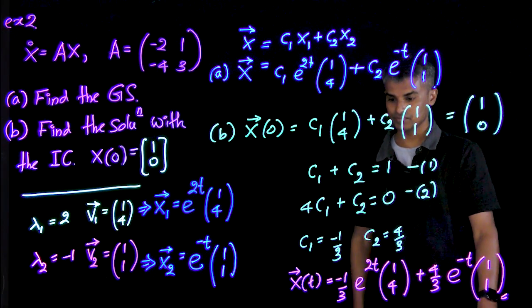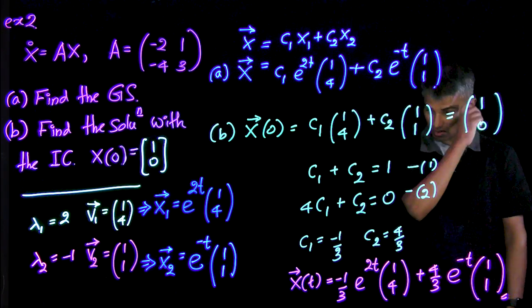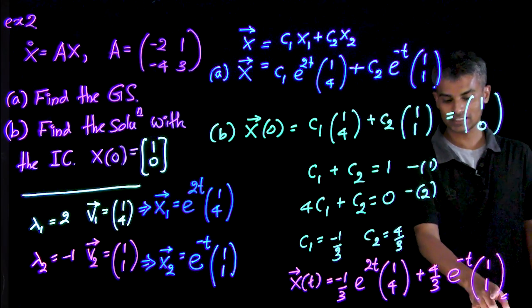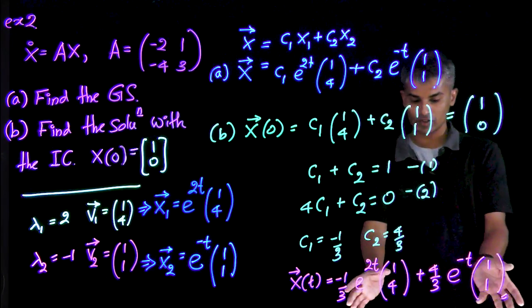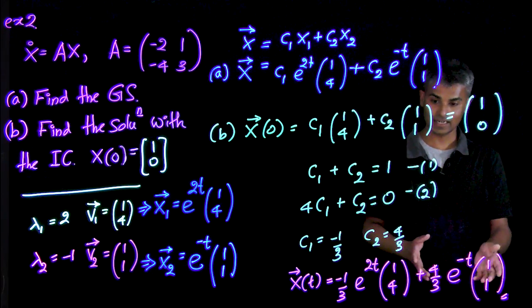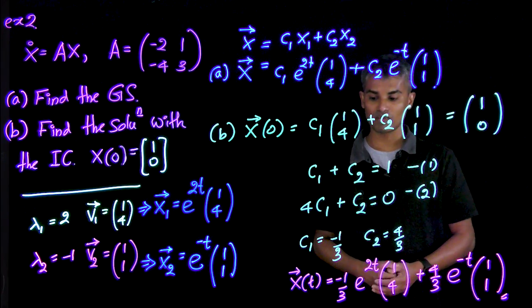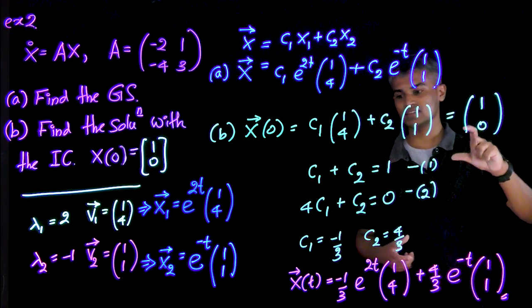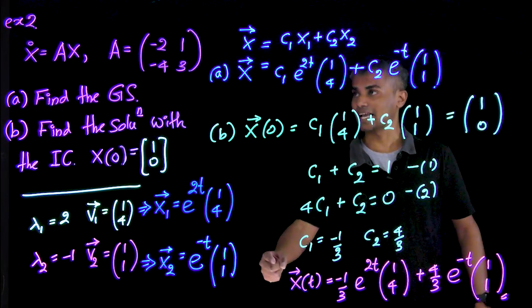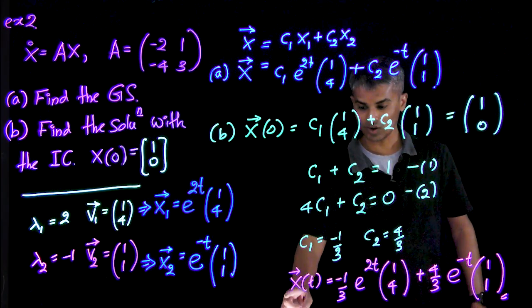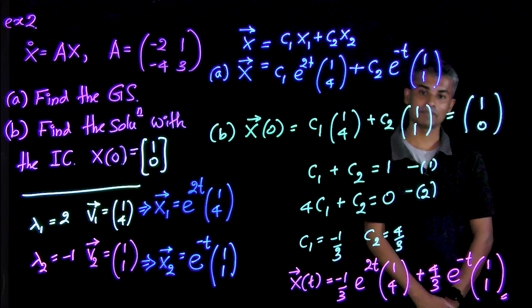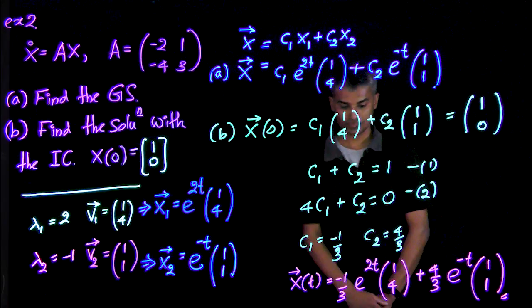Okay. So, now again this is a 2 by 1 vector and this is a 2 by 1 vector, and if you simplify your right hand side you will get a 2 by 1 vector. The first component of that vector corresponds to, let us say, little x1, and then the second component corresponds to the dependent variable little x2.